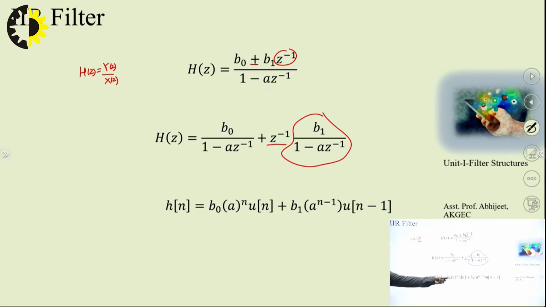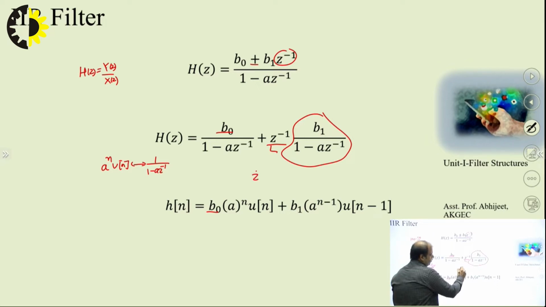If I take the inverse Z transform, knowing that a raised to the power n u of n gives me 1 divided by 1 minus a z inverse, if this is the formula, then b naught will come straightforward by linearity. It will become b naught a raised to the power n u of n. Now, with multiplication of z inverse there is a shifting.